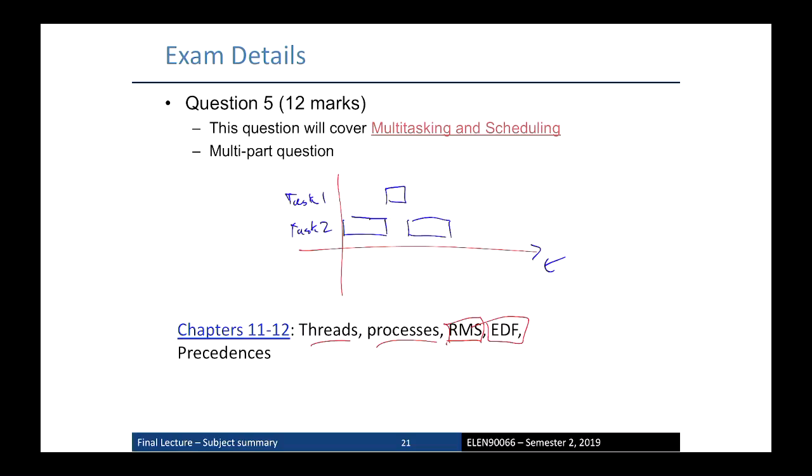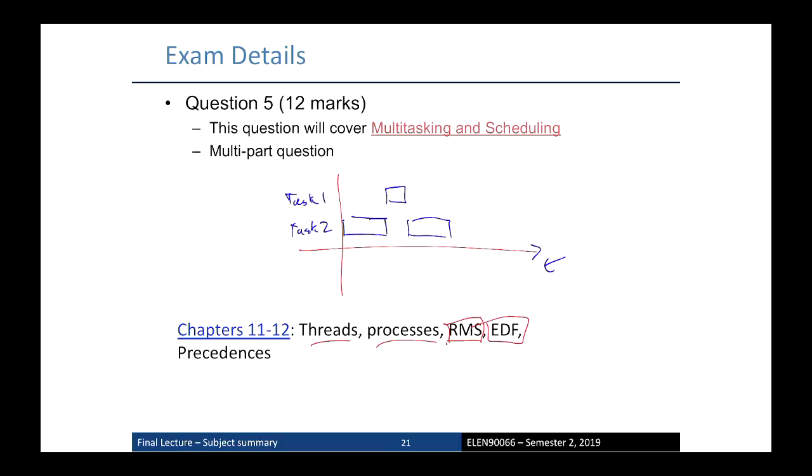You need to draw them as rectangles in axes like that. I have given you axes and a practice area to draw these as well. I think this question's fairly easy for 12 marks, to be honest.